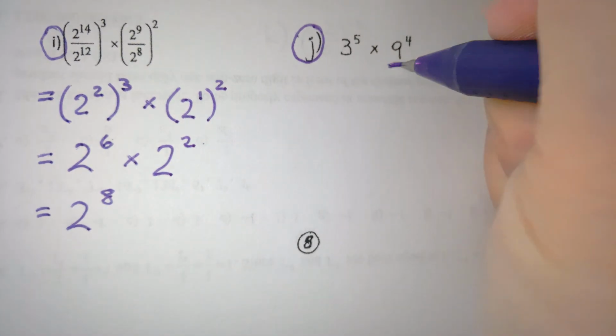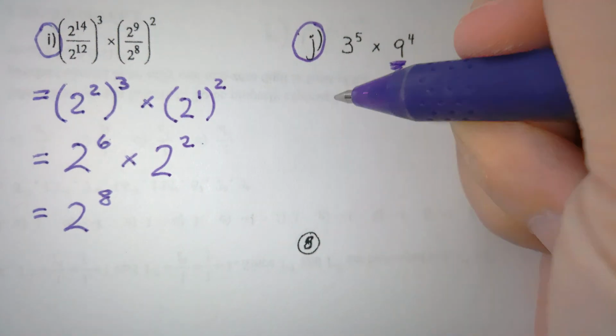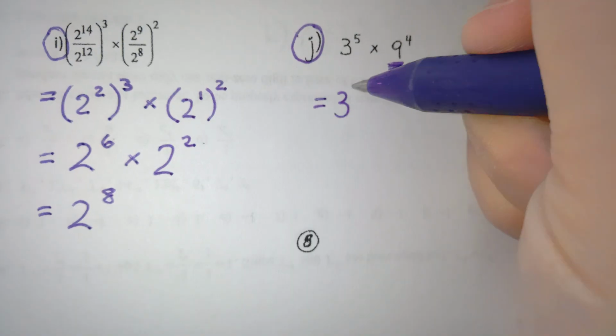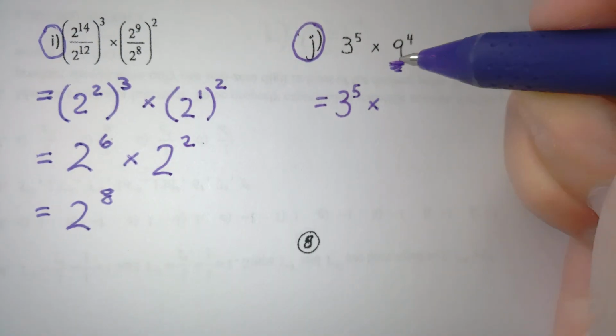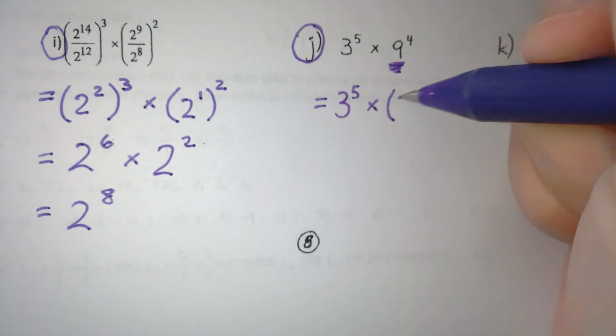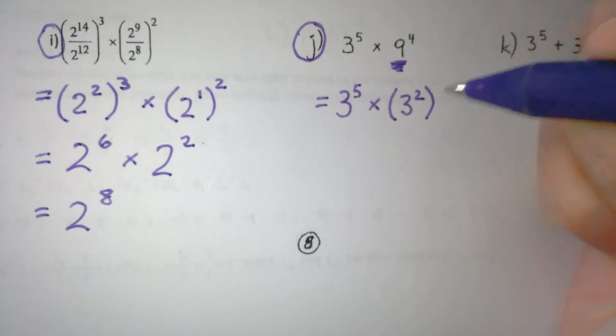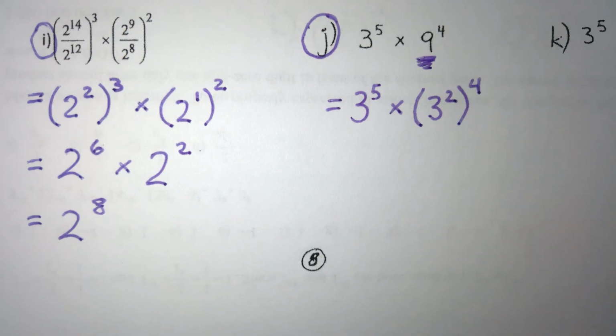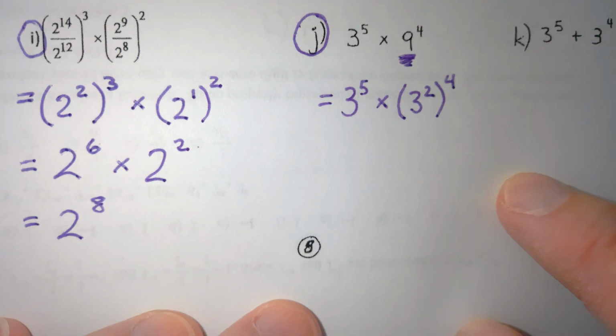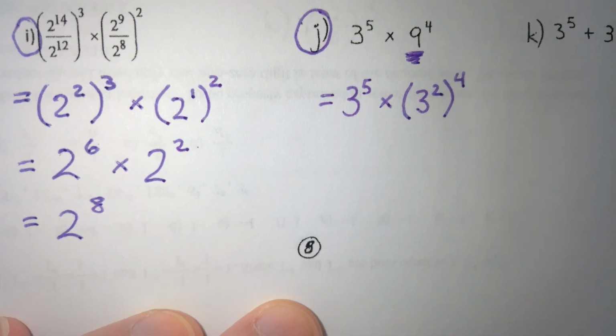Yeah. So here's the tricky part. 9 is also 3 square. So now my bases are the same. Was that what you were going to say, Ivan? Good. Okay.